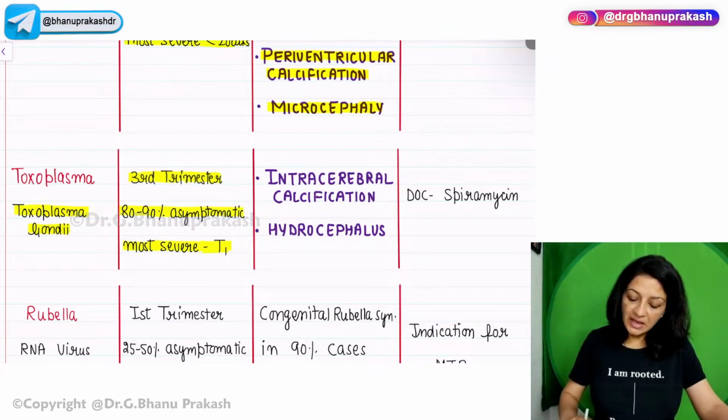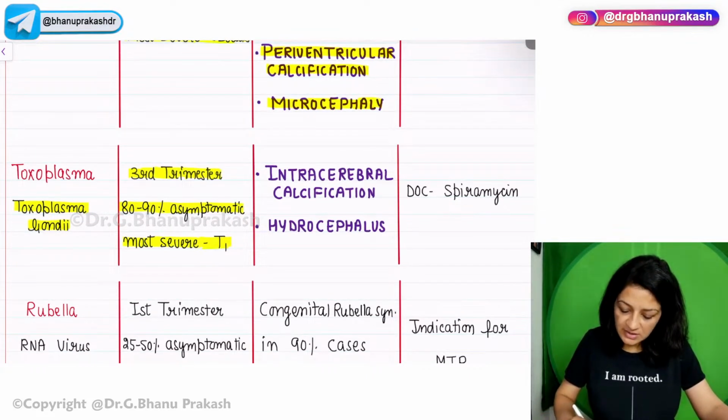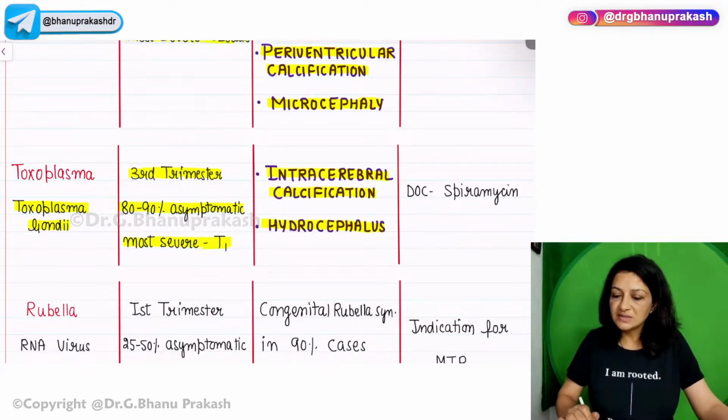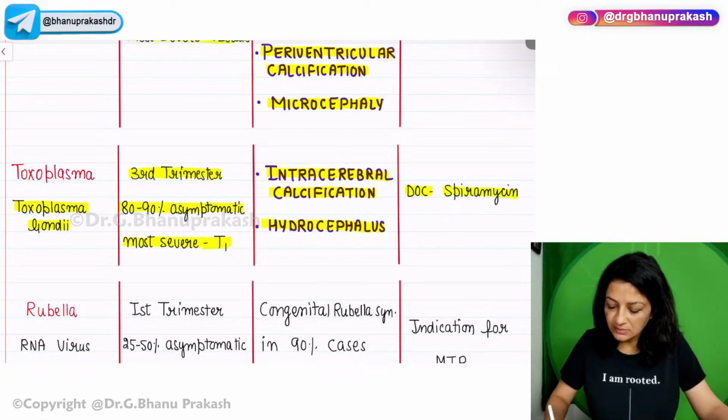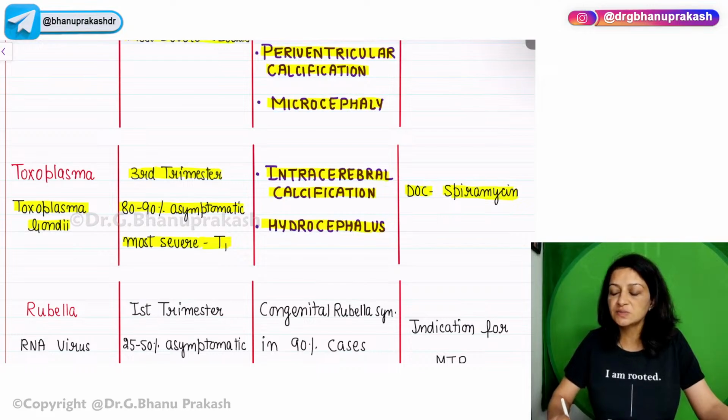Okay, so what manifestations will we find? Intracerebral calcifications and hydrocephalus. And the drug of choice, spiramycin. Drug of choice for the mother is spiramycin.